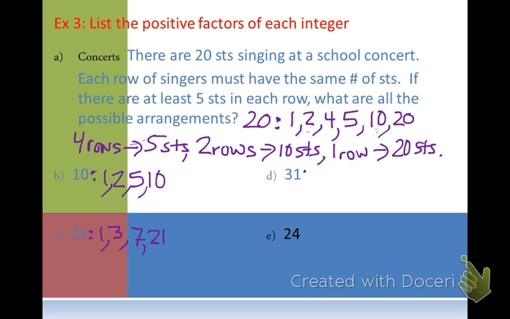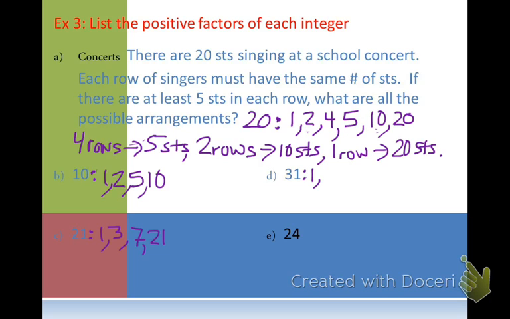31. Can 1 go into it? Yes. 2? Nope. 3? 3 plus 1 is 4, nope. 4? Nope. 5? No. 6? Nope. 6 can go into a number if both 2 and 3 are going into it, and since 2 and 3 aren't going into 31, it can't be 6. 7? Nope. 8?